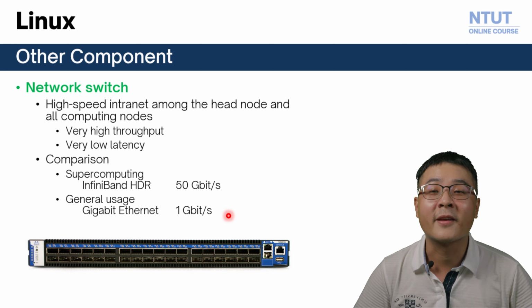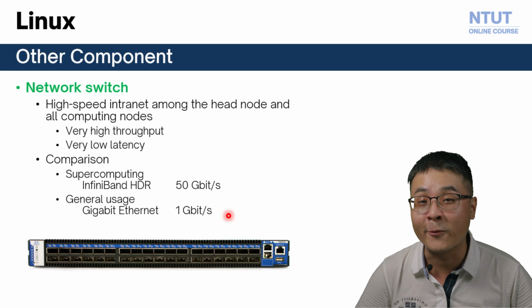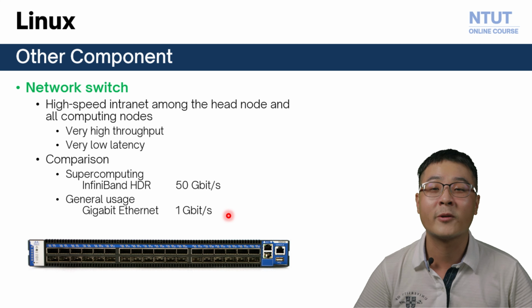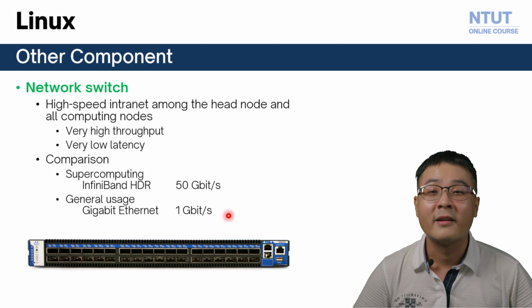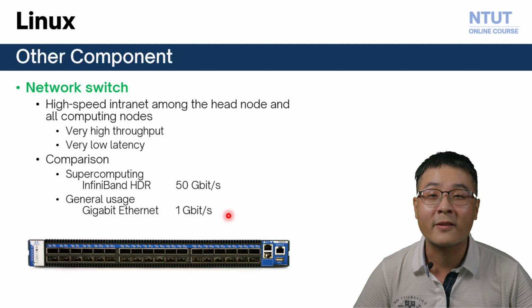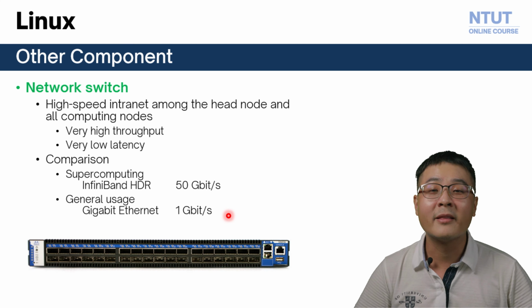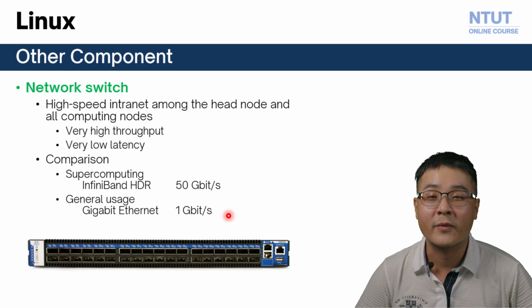However, in a home-use network switch, such as gigabit Ethernet, we will only have 1 gigabit per second. So you can see that the speed difference between supercomputing and home use will be at least 50 times.